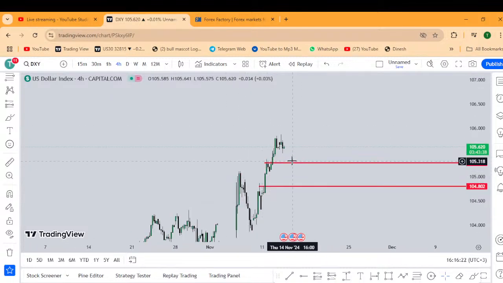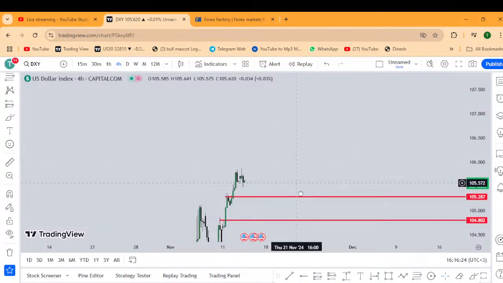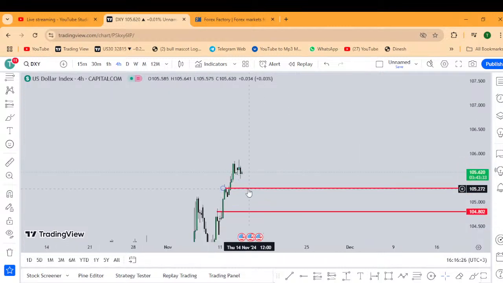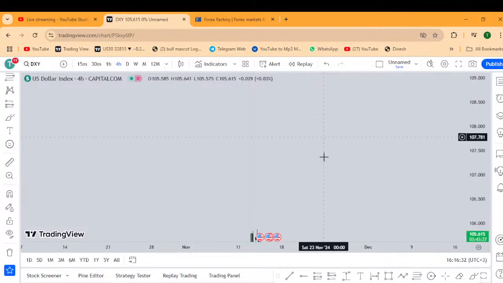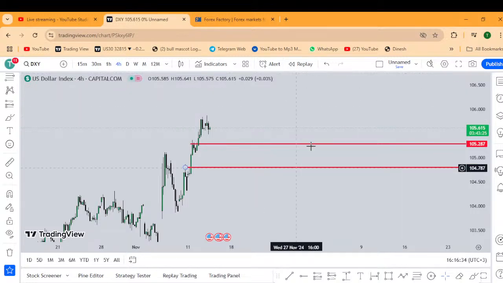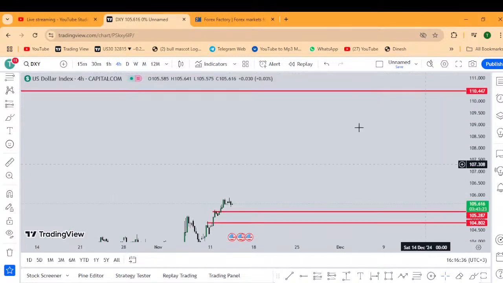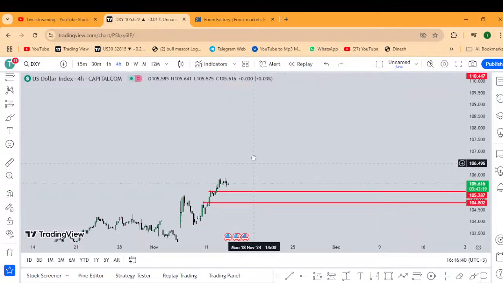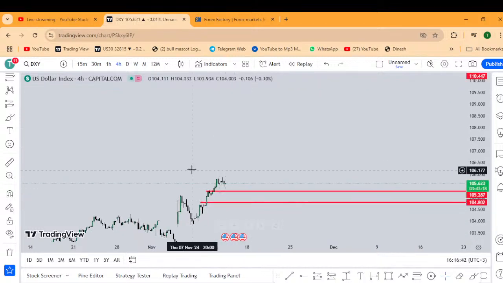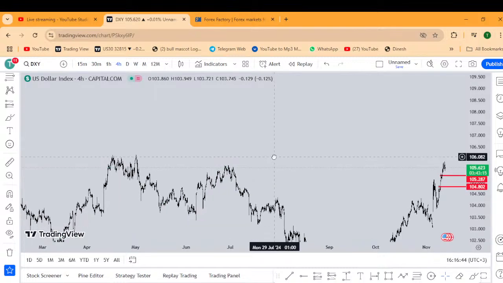So once the market touches this area, we can expect to see some buyers coming in to the higher zone we have marked here. So meaning they either buy from this point or they are going to buy from this point.